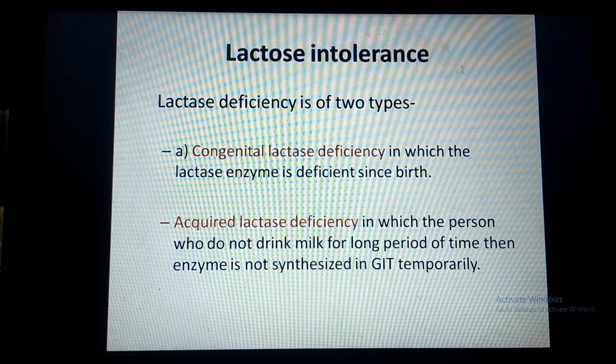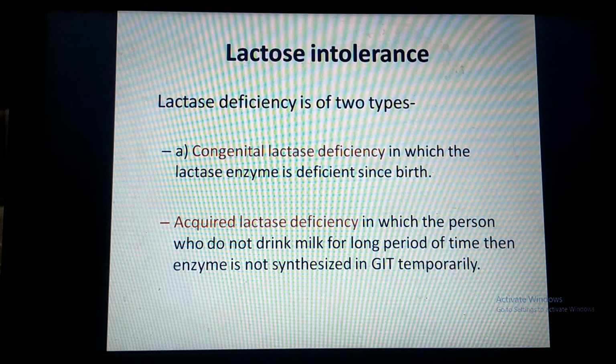taking milk for a long period of time, then there is no lactase synthesis in the intestinal epithelial cells. Therefore, if a person suddenly takes milk, he will not be able to digest the lactose present in the milk due to deficiency of the enzyme lactase.